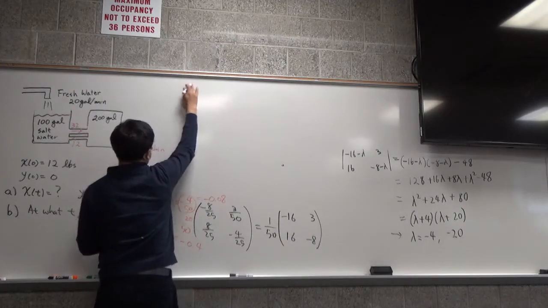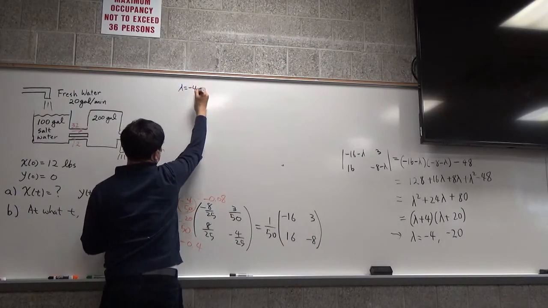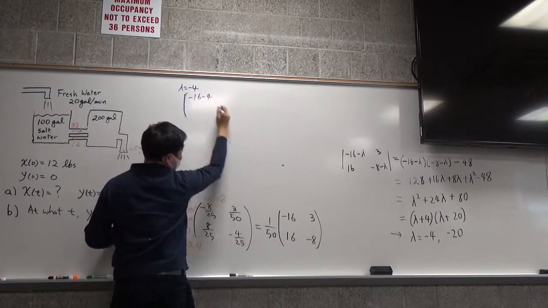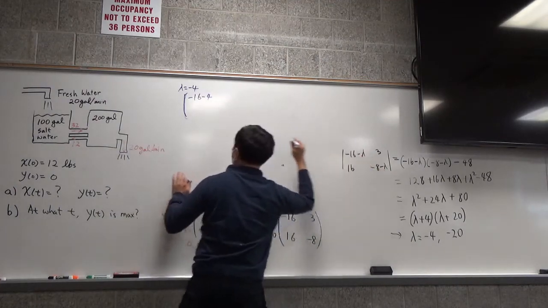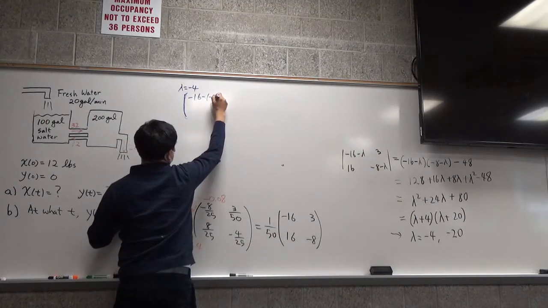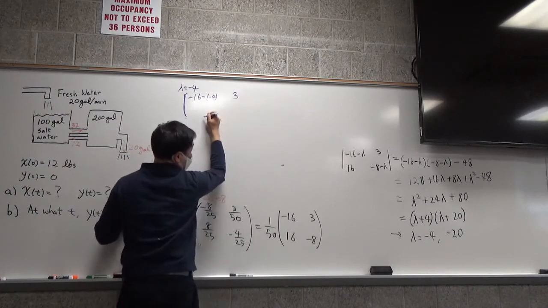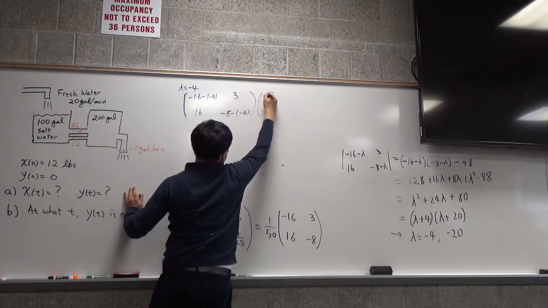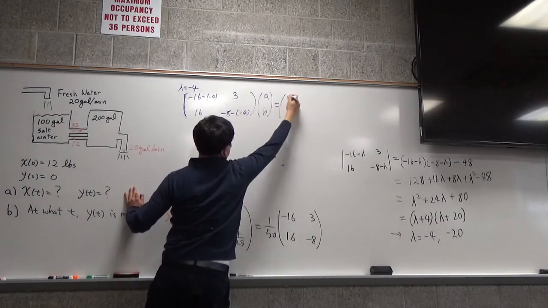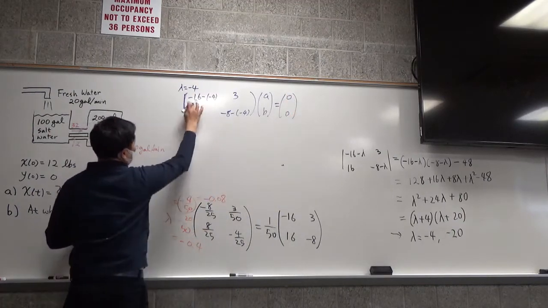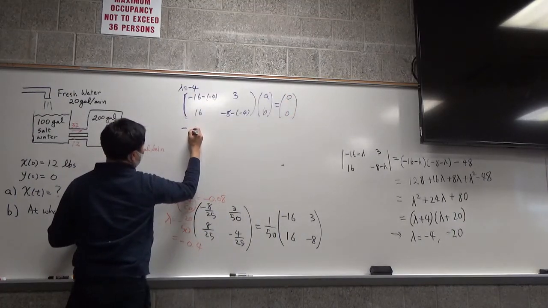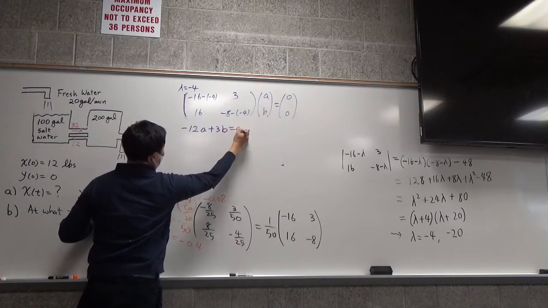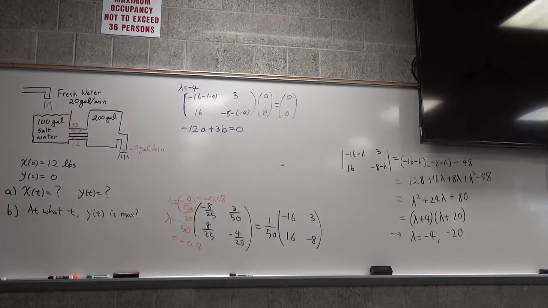First, for lambda equals negative 4, what do you get? You get negative 16 minus negative 4. I'm just plugging in negative 4 here. Then 3, 16, negative 8 minus negative 4, times A, B, equals 0, 0. And that's negative 12A plus 3B equals 0.